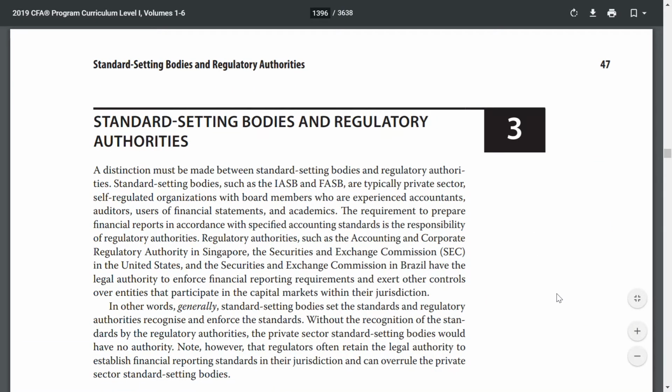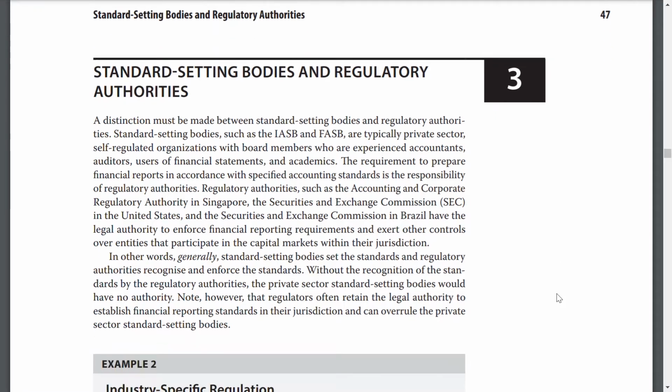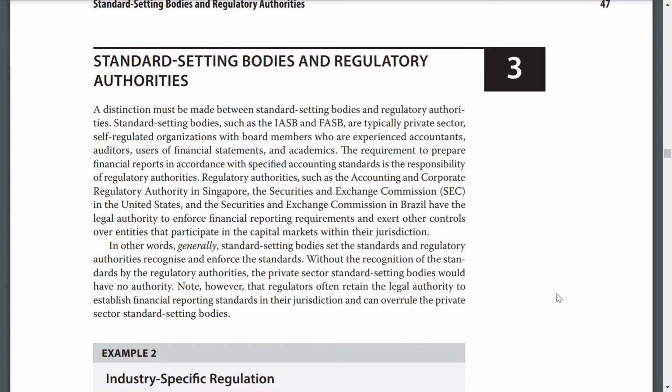A distinction must be made between standard-setting bodies and regulatory authorities. Standard-setting bodies, such as the IASB and FASB, are typically private sector, self-regulated organizations whose board members are experienced accountants, auditors, users of financial statements, and academics.